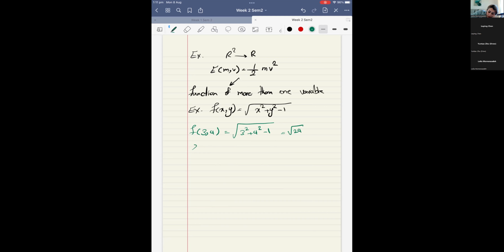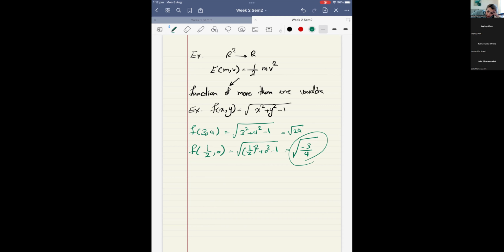But if I write f of half and 0, you have half squared plus 0 squared minus 1, which equals minus 3 over 4. And this is the problem, because you have a negative under the square root.